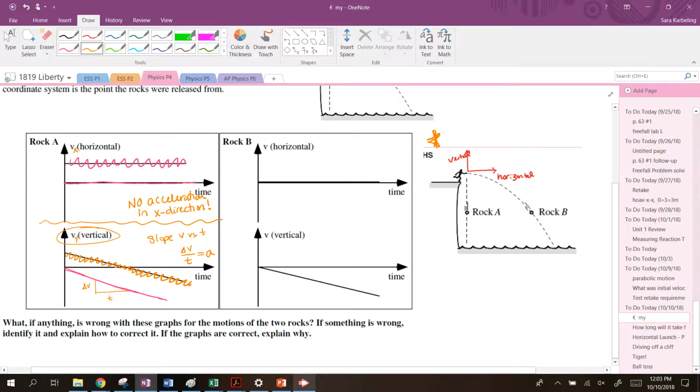Is there acceleration in the y direction? Yeah, for sure there is. And we know the value of it even, don't we? 9.8 downward. 9.8 downward.